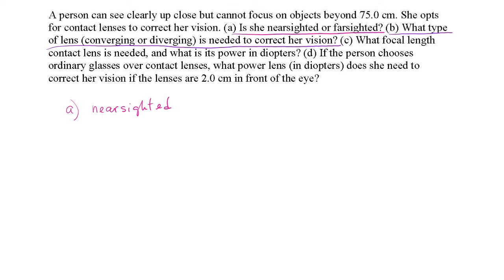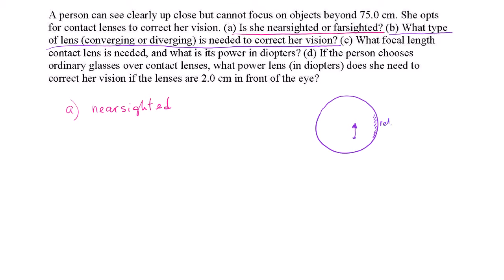In either case, images of distant objects are not focused at the retina. If this is the eye and here is the retina, the image is actually formed in front of the retina.